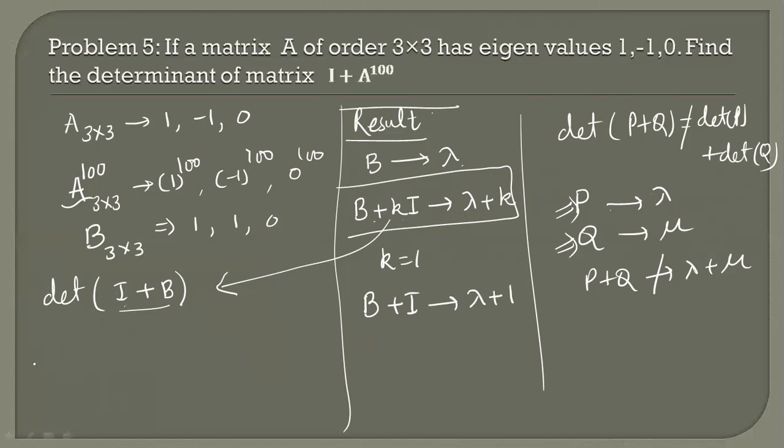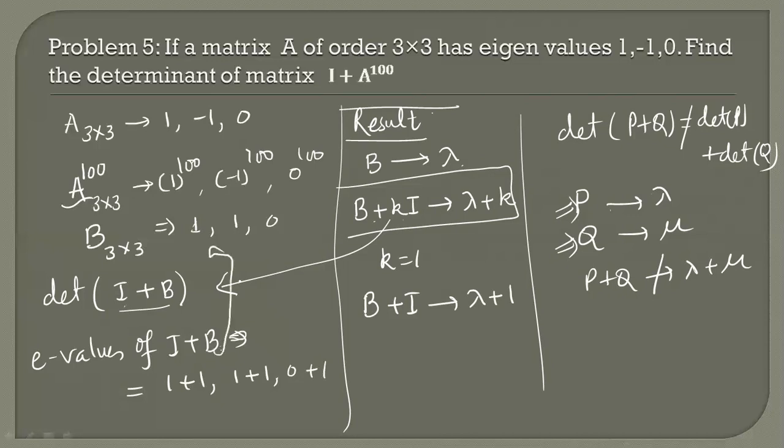So what will be the eigenvalues of I plus B now? Lambda is the eigenvalue of B, and the eigenvalues of B are 1, 1, 0. So it will be 1 plus 1, 1 plus 1, 0 plus 1.